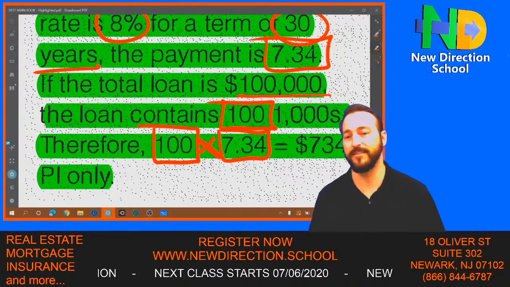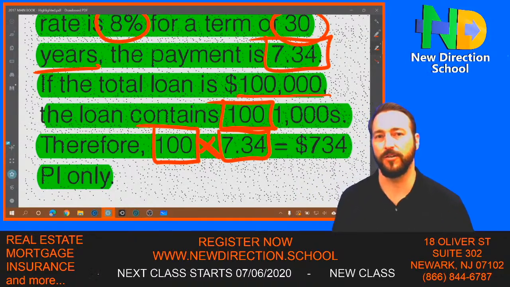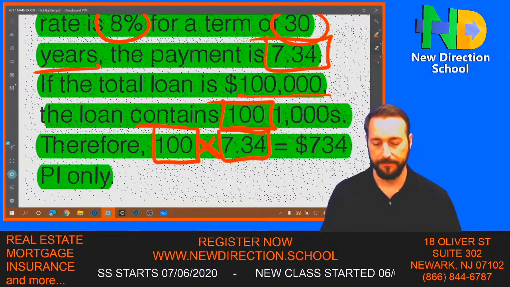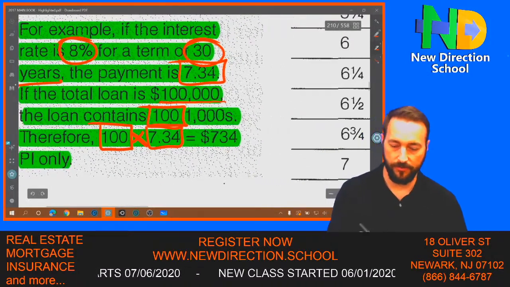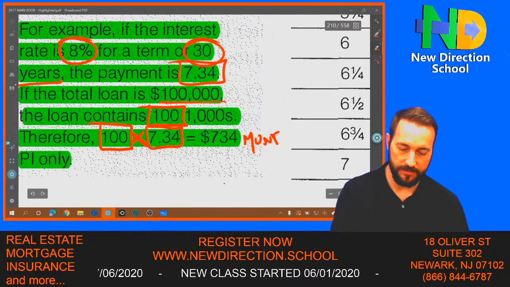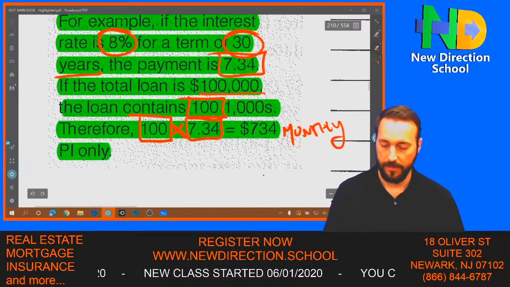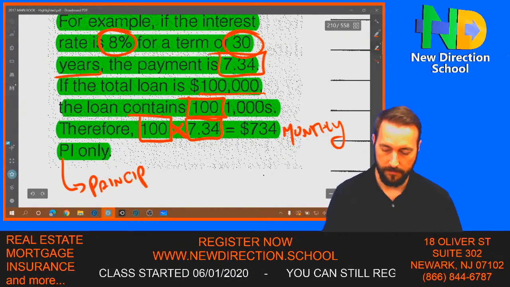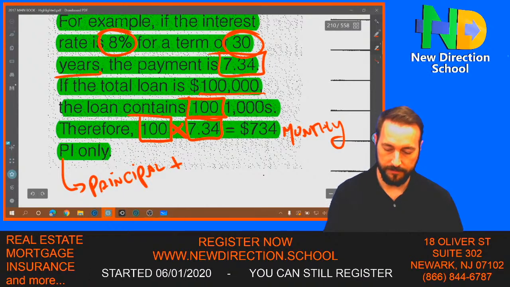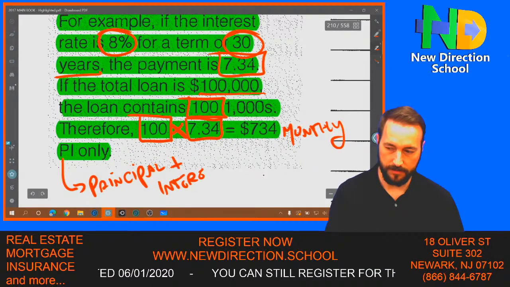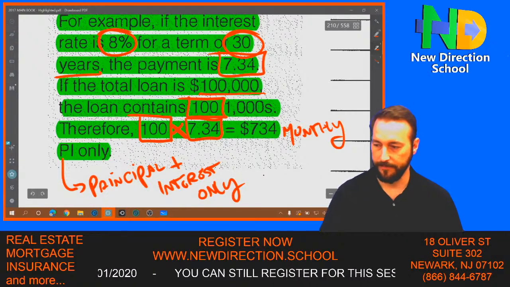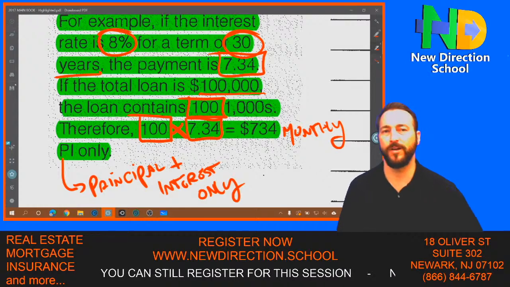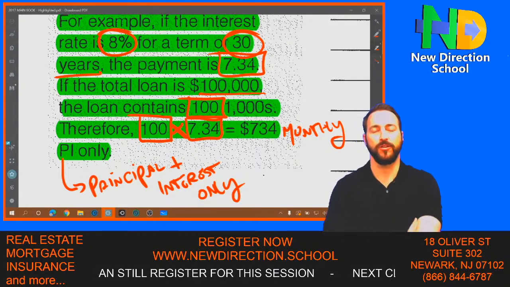So the 7.34 is the number we need to amortize the loan according to the chart, right? So what is your monthly payment? 734, and this is monthly principal plus interest only. Okay? So this is how you calculate the monthly payments every month for the next 30 years.